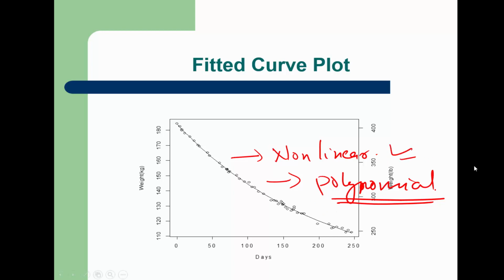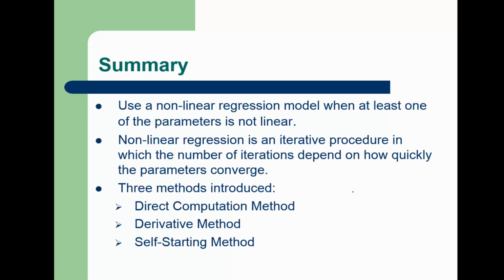Otherwise, the parameters are linear and it's just the variables which are of nonlinear forms, which also can fit a distribution something like this. It is rather said to be a polynomial one. So it's important to understand the difference between nonlinear and polynomial regressions.